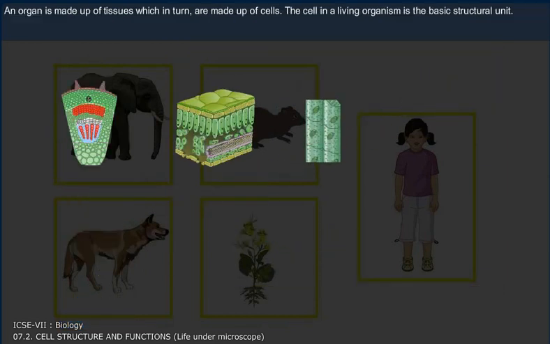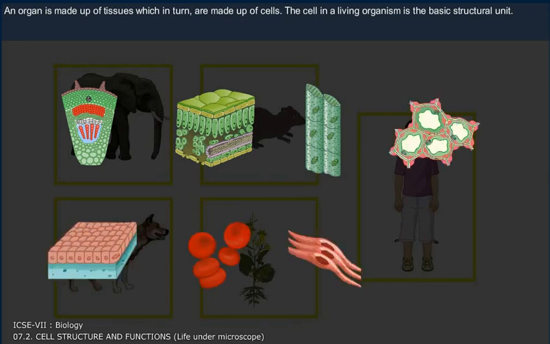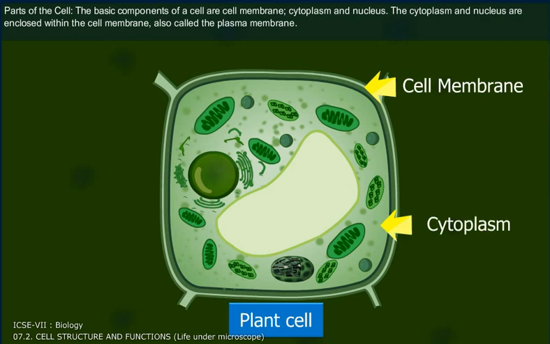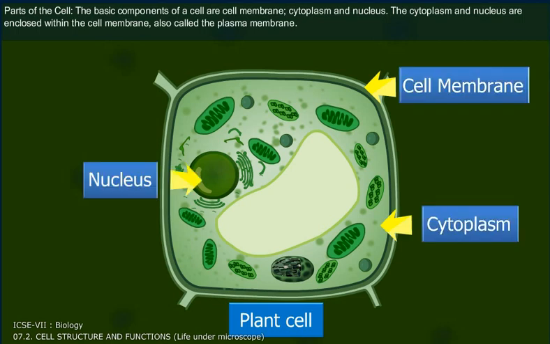An organ is made up of tissues, which in turn are made up of cells. The cell in a living organism is the basic structural unit. Parts of the cell. The basic components of a cell are the cell membrane, cytoplasm, and the nucleus.